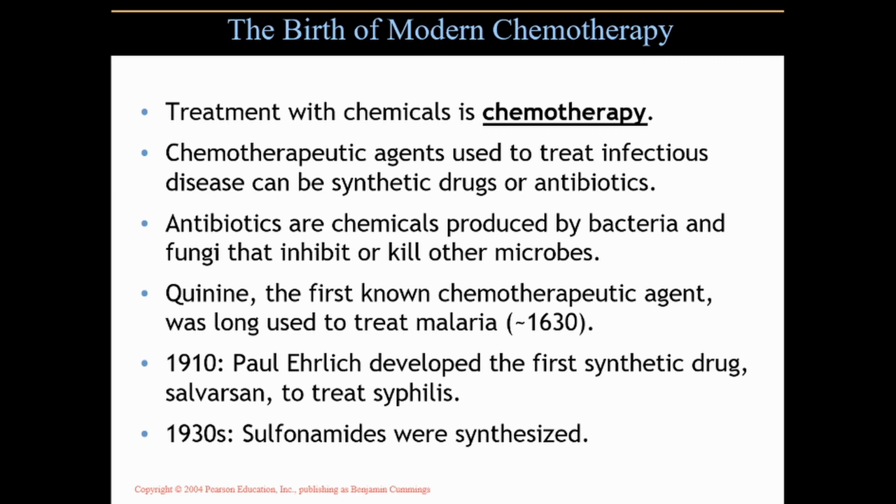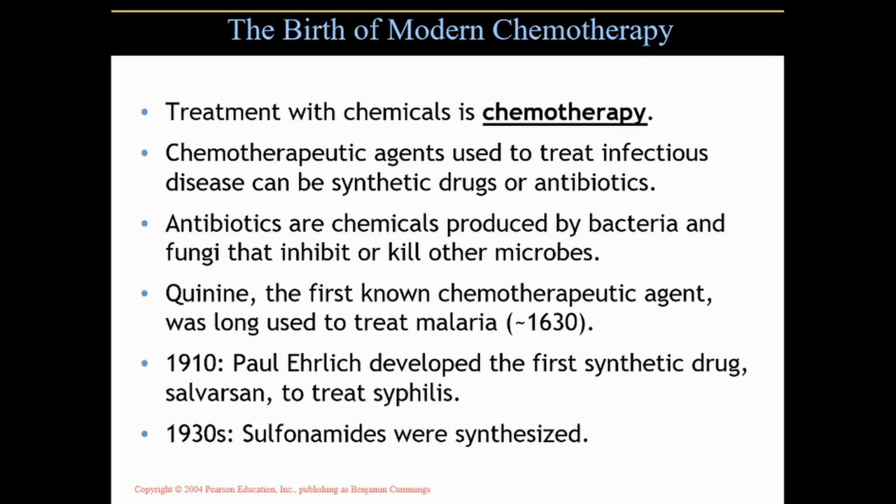So if you take aspirin, I guess you could say you're undergoing chemotherapy. They can be used to treat infectious disease using synthetic drugs or antibiotics. And so taking an antibiotic is undergoing chemotherapy. It's kind of strange to say it that way because today we only think of it in terms of cancer, but by definition, if you're taking a chemical for therapy, it's chemotherapy.